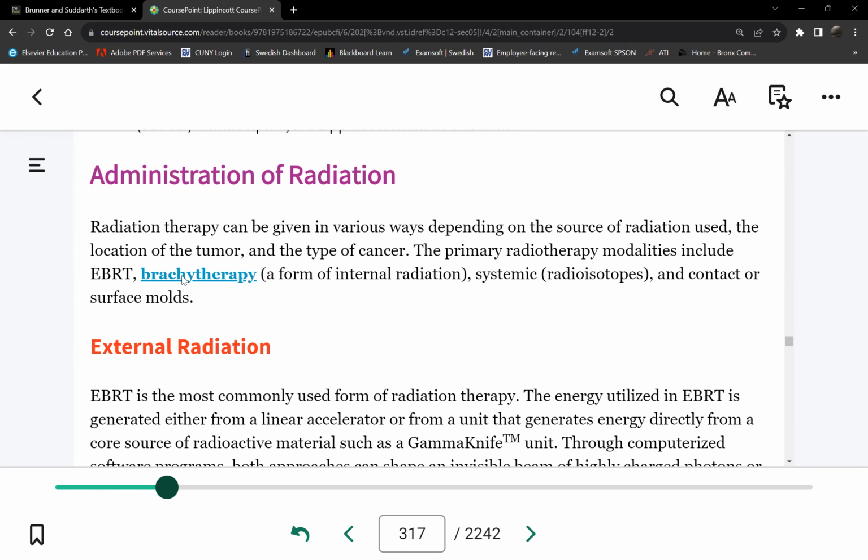Brachytherapy is usually using a sealed source, meaning the radiation, let's say this creamer bag here, there's a radiation material in there. So I put it in this wrapper and then put it inside the patient. Does that make sense? Like a tea bag, okay? Imagine a tea bag, the tea leaves are inside the bag, correct? So that's how sealed radiation sources are.